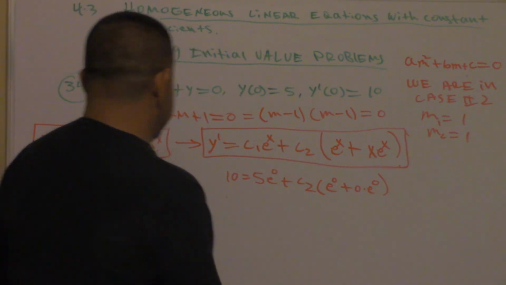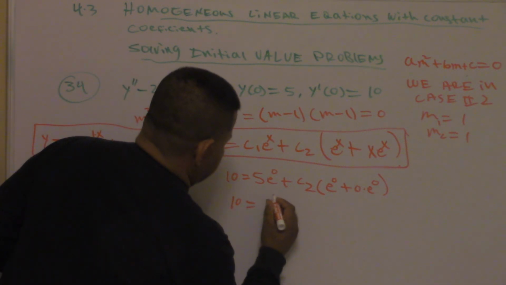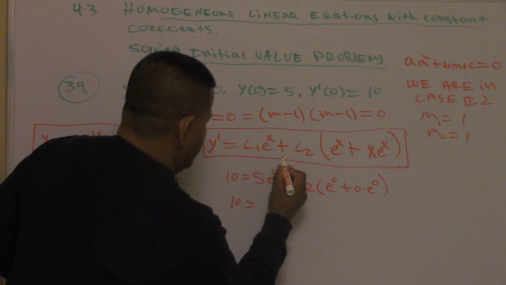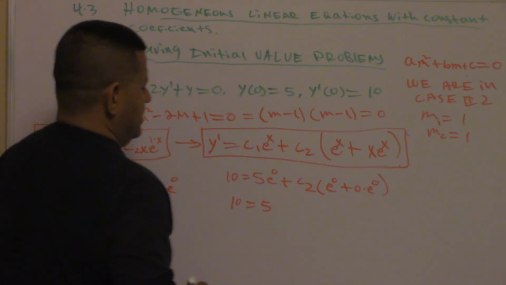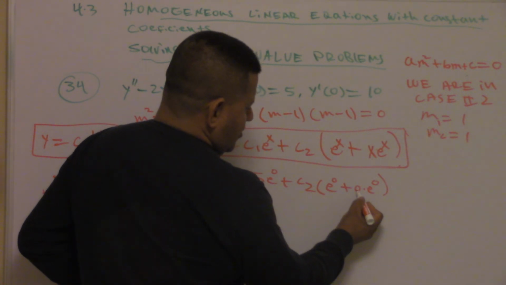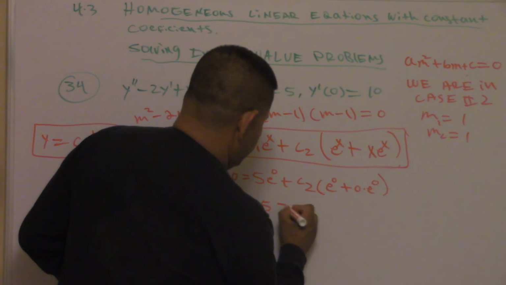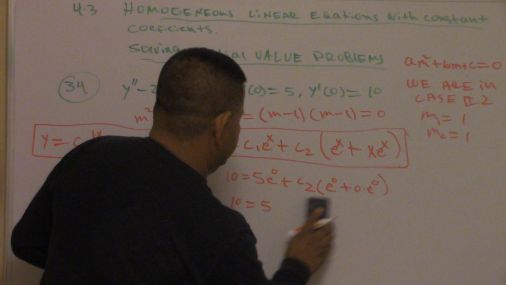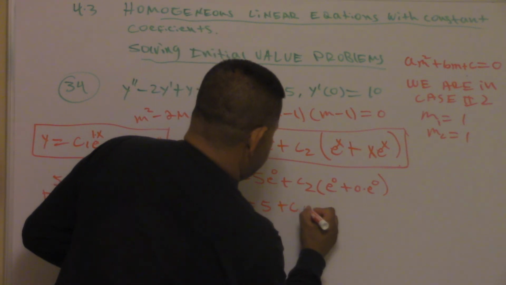Well, in this case, notice that 10 is equal to e to the 0 is 1 times 5 is 5. Then, right here, I got 0, so e to the 0 is 1 times 0 is 0. So I will have just plus C2.